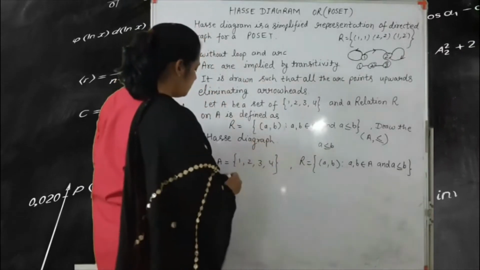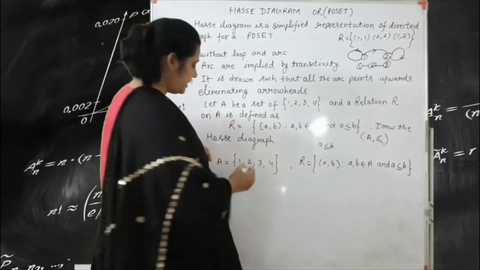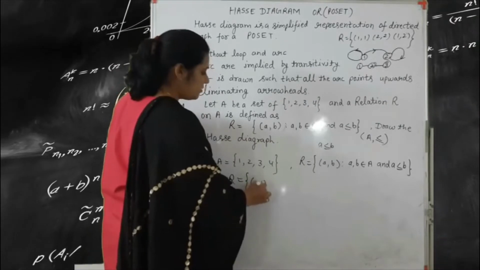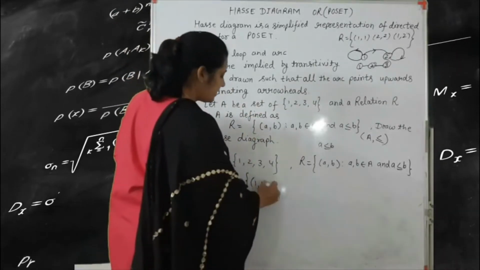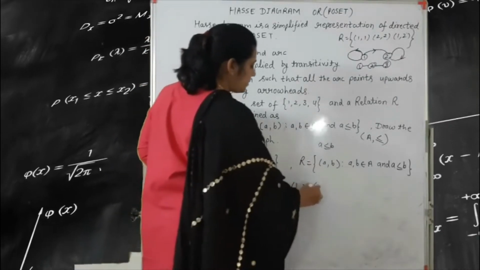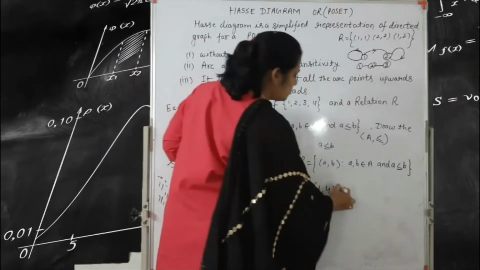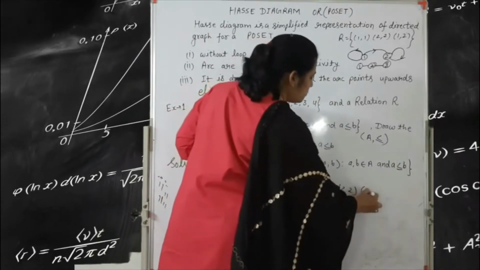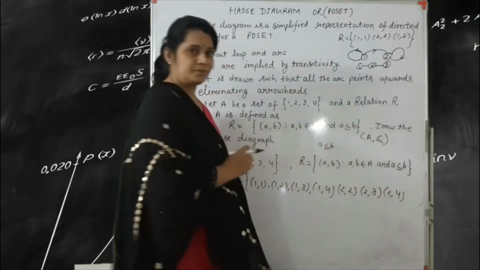First we map the relation set. So R is equal to a less than or equal to b. That means (1,1), because less than and equal to is also included here. Second is (1,2), third is (1,3), and (1,4).